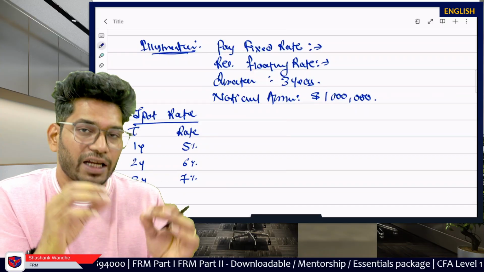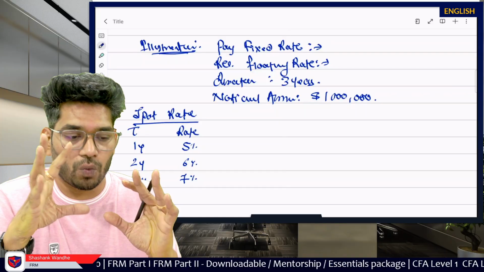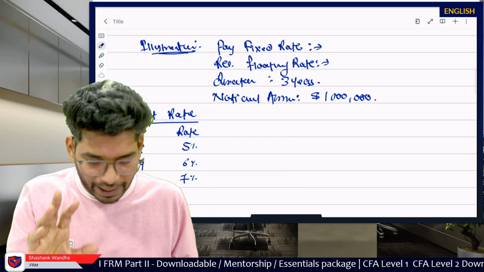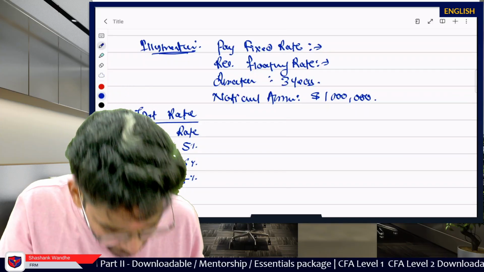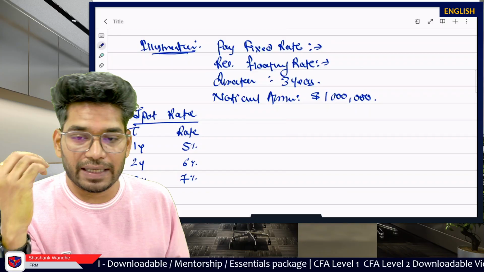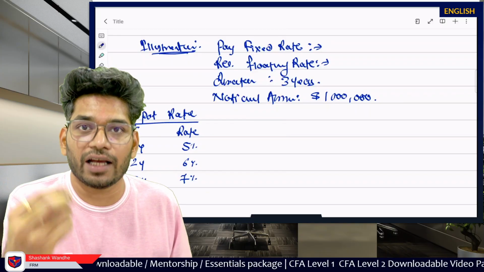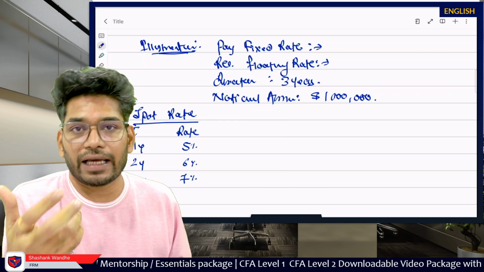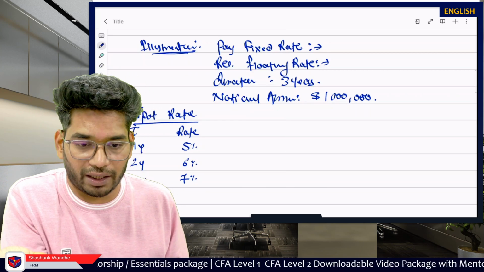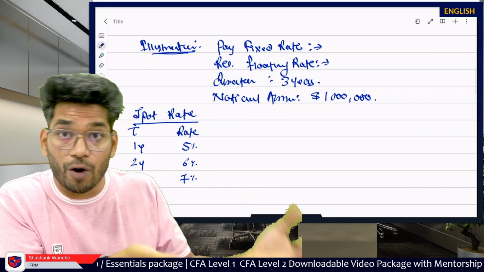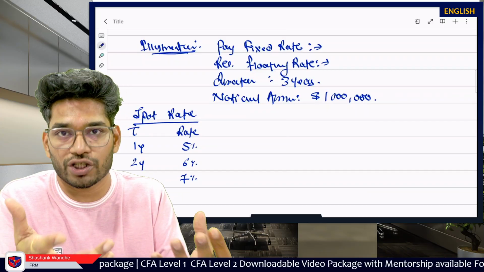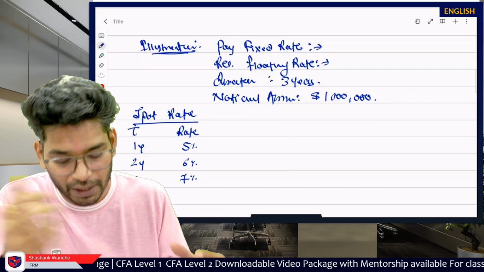And this particular party wants to ensure that whatever rate is being committed today is the fair rate. Fair rate simply means there is no net gain or loss for this particular party. If there is a net gain, obviously that party will be happy to take it, but the counterparty won't be ready to give the same rate, because it is an advantage for the other party.